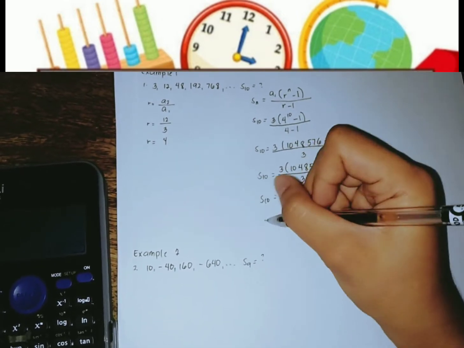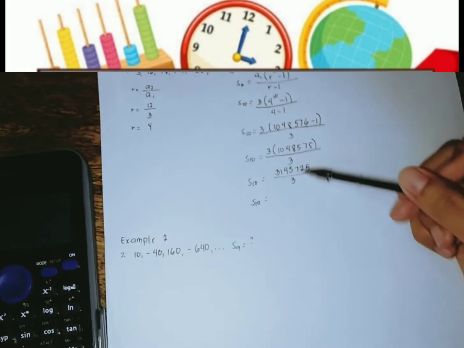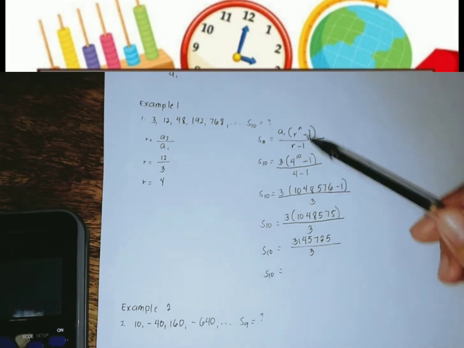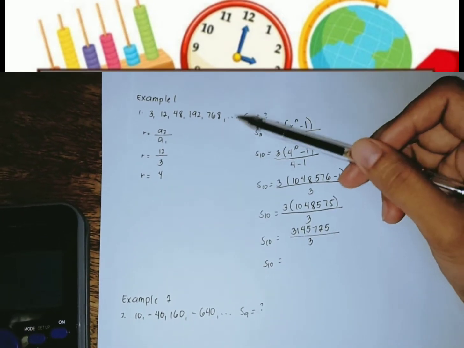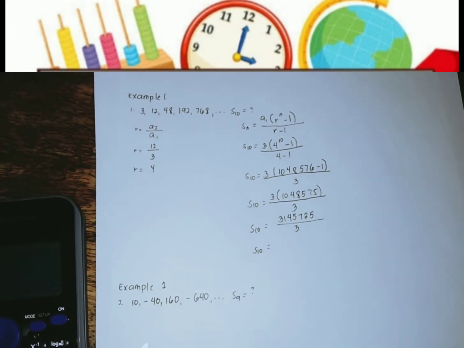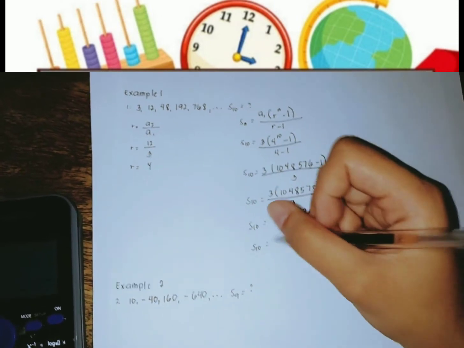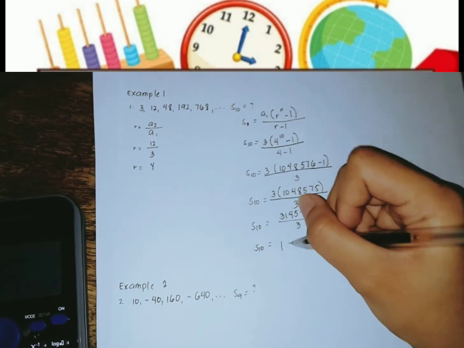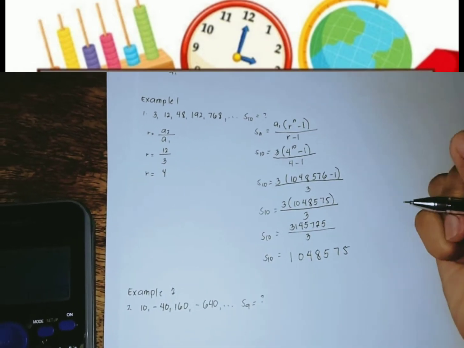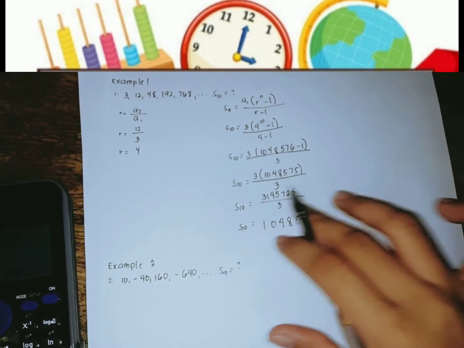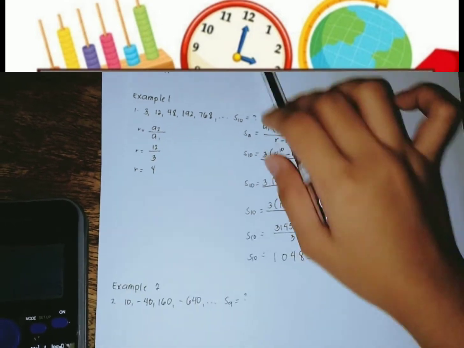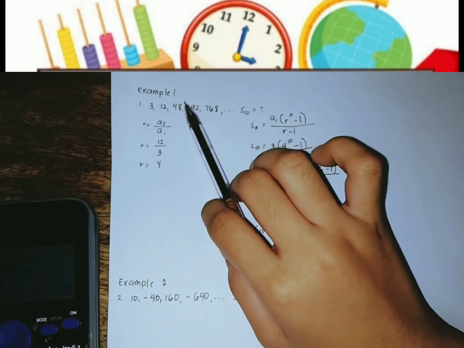Divided by 3. Now we will divide this to find our last term, or our 10th term. So we divide it by 3, and the answer is 1,048,575. So this is the answer for the last, 10th term in geometric series example number 1.